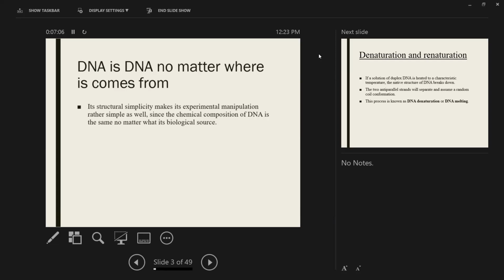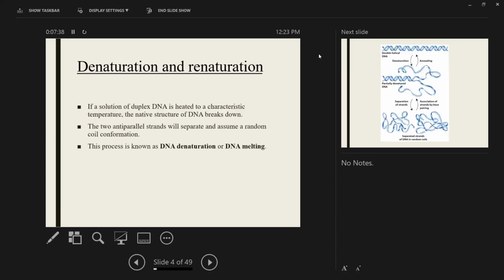A human being compared to a paramecium. All those organisms have DNA that is chemically exactly the same. That should astound you. So what's the difference? The difference is in the sequence of the bases, of course, and that led people to study DNA using denaturation and renaturation studies.